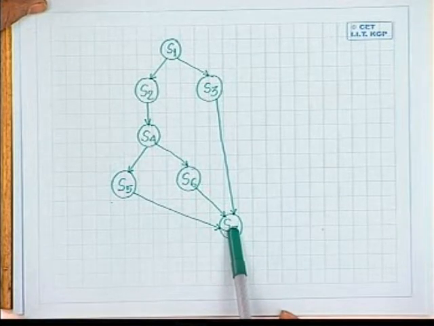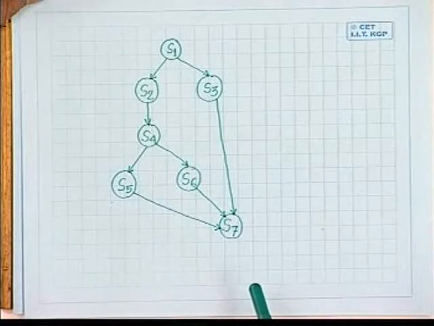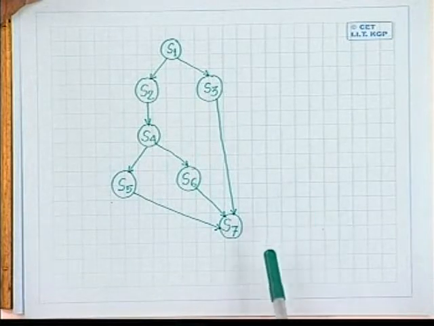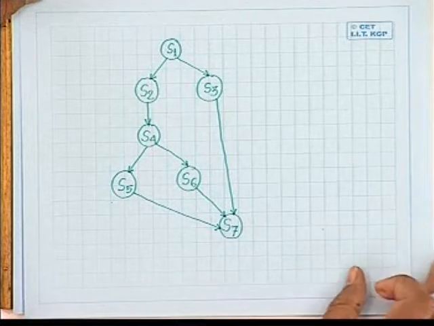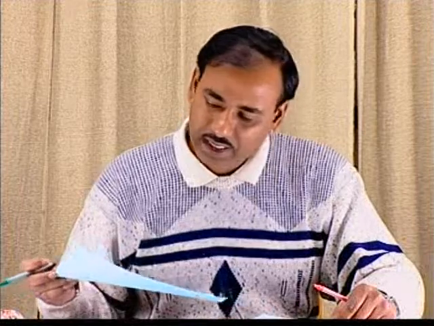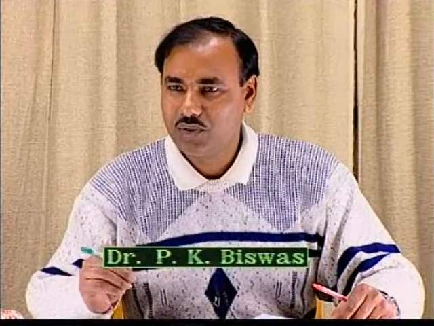I can have a complicated situation where the processes can be combined at multiple points, not only at one point. In that case, defining a single count variable is not sufficient. I can go for multiple count variables, say, for example, count 1, count 2, count 3, and so on.